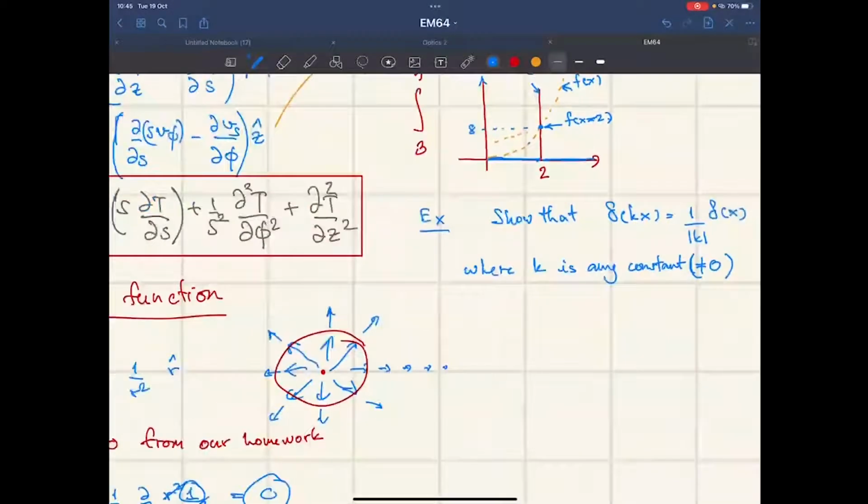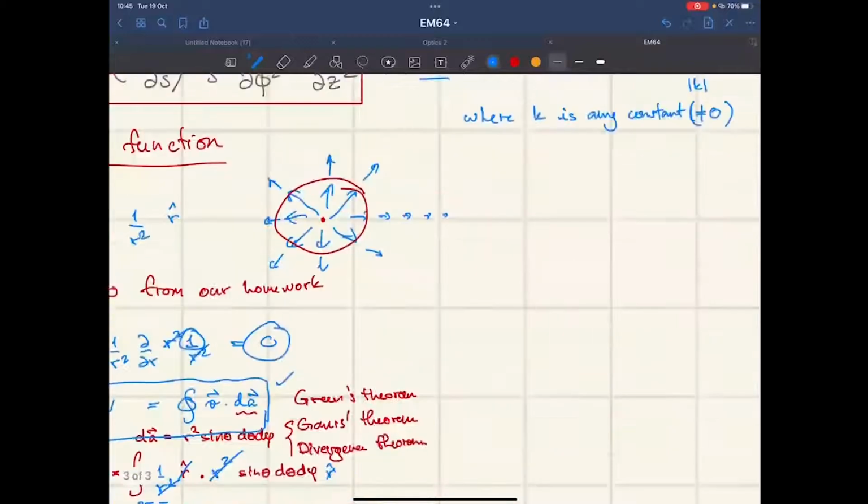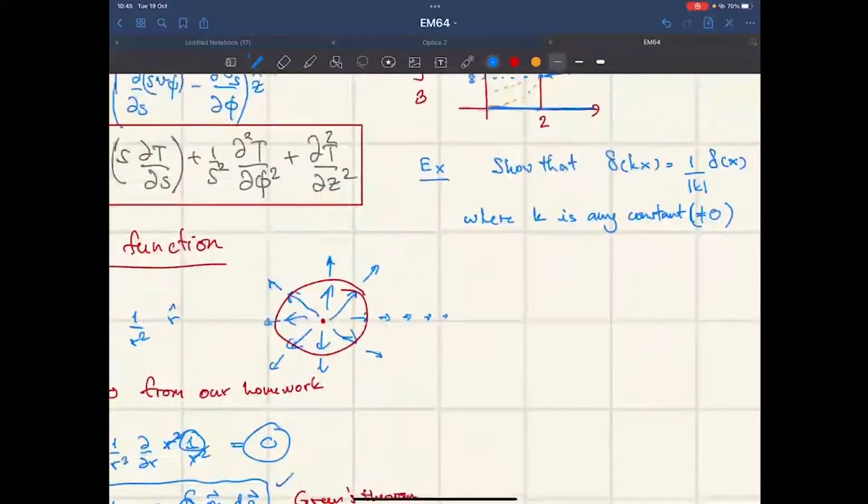Okay, now we still have some space left. To do this, first we have to consider the integration of this Dirac Delta function from minus infinity to infinity.